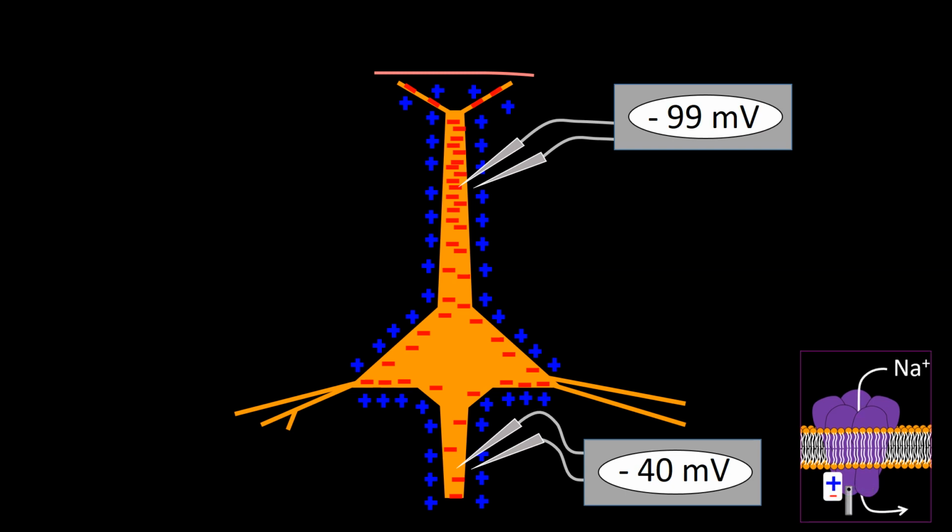This decreasing negativity at the level of the axon hillock will trigger the opening of the voltage-gated sodium channels, leading to an action potential that will travel through the axon.